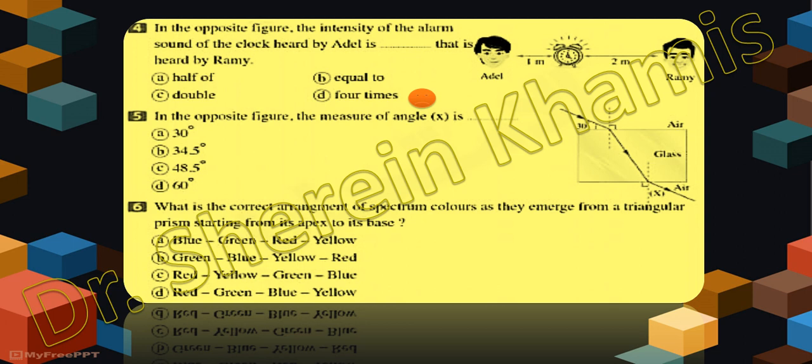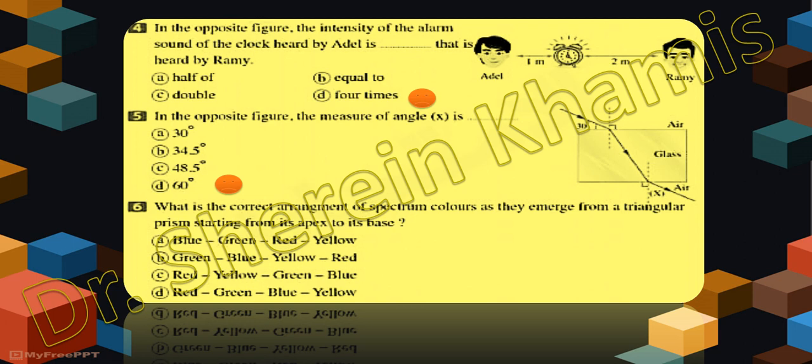So the angle here will be equal to the angle of incidence, as it goes out to the air again, so it will be equal to 60 degrees. We have incidence 60 and the refracted angle here is 60.